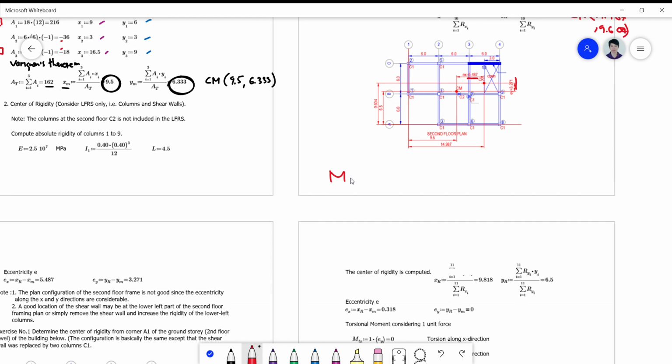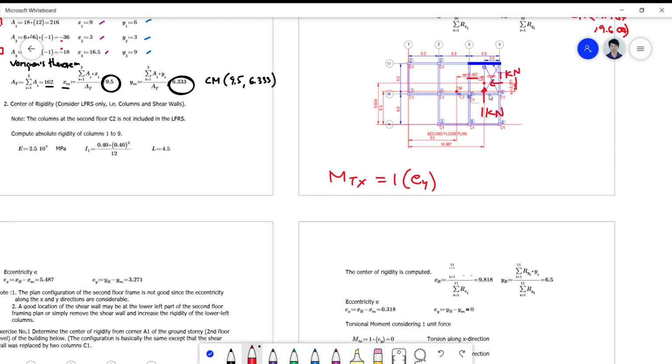Okay, so your MT of x is simply equal to 1 times EY. Okay, so if we are actually going to compute for the torsional moment on the basis of 1 kilonewton shear force here. So this is your 1 kilonewton, and you have also a shear force here of 1 kilonewton.